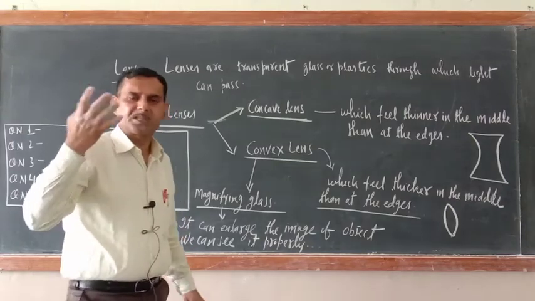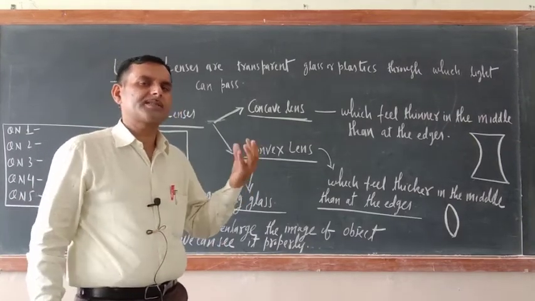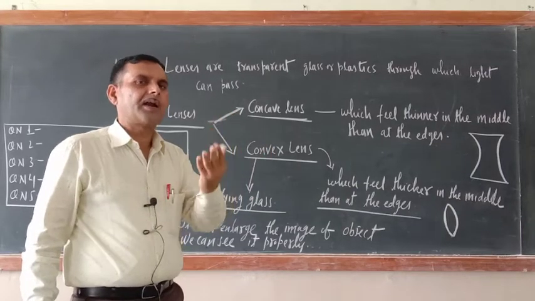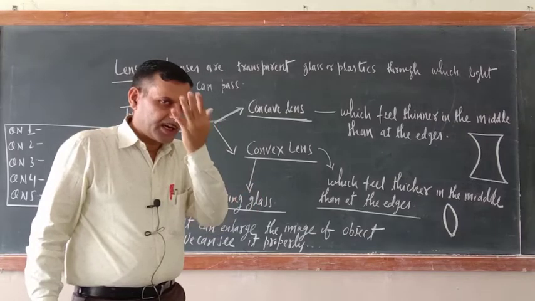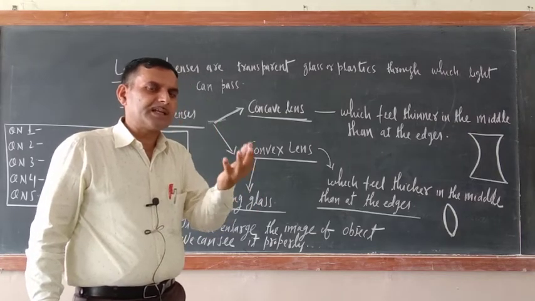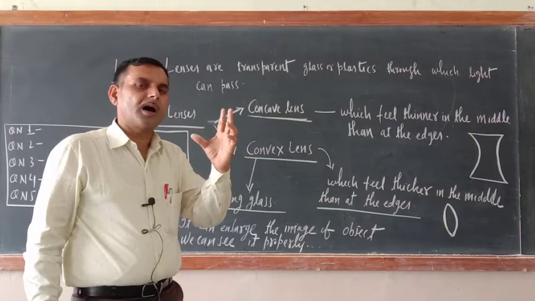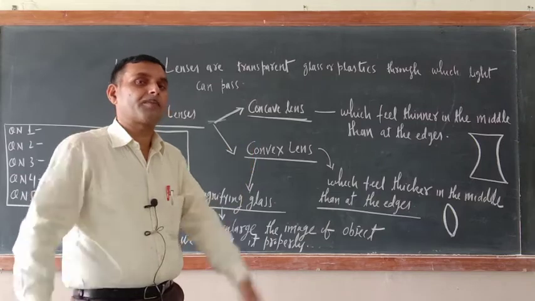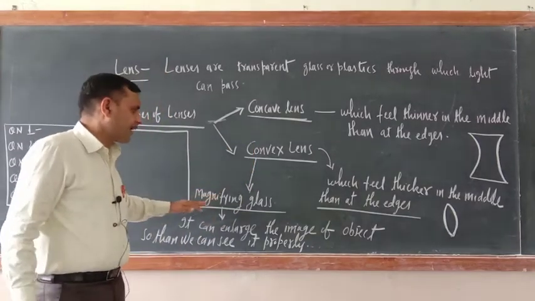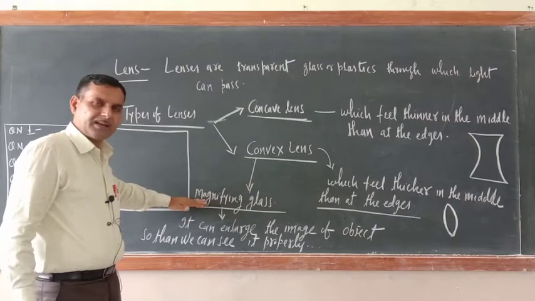Just try to understand. I have seen in school that many cadets bring one glass, and they put it on the pages of a book to see. So you might have seen, if you use such a glass, the letters of the books are enlarged, and you can read them properly. What is the meaning of magnifying glass? Why is convex lens known as magnifying glass?